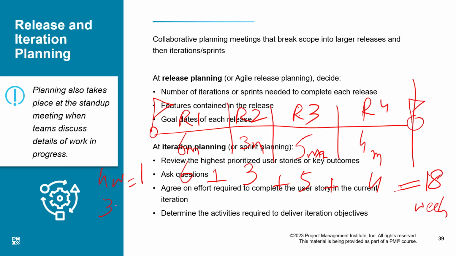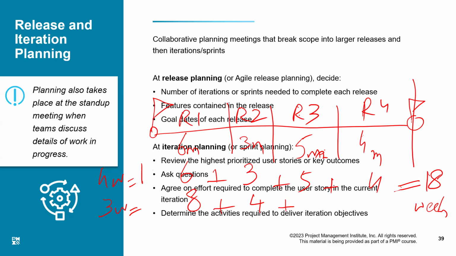If it is 3 weeks, then what? How many weeks are there in 6 months? If 1 month has 4, that is 24 weeks. And that means if the cycle is 3 weeks, there will be 8 iterations here. Plus, here we will have 12, that is 4 iterations.